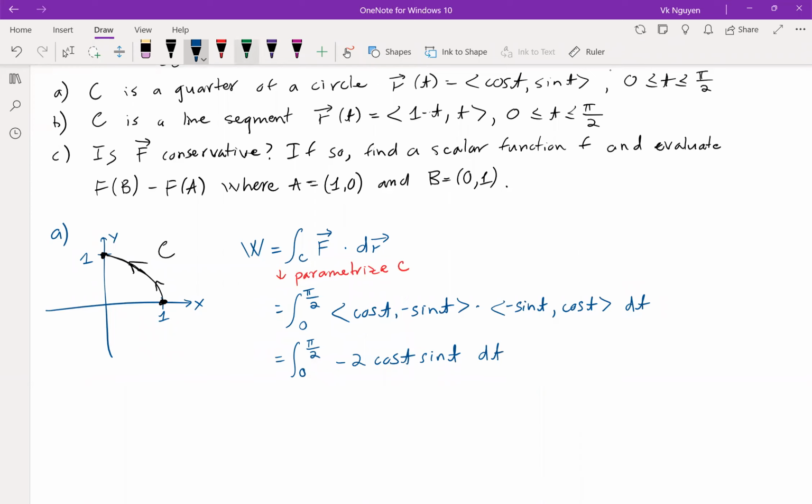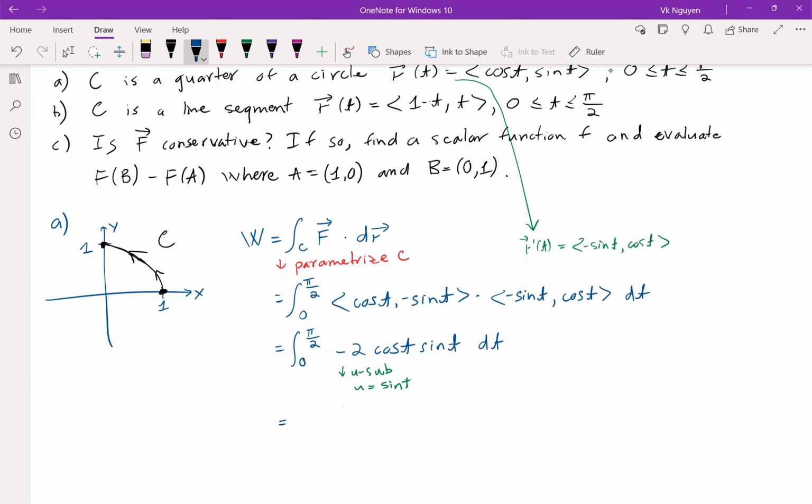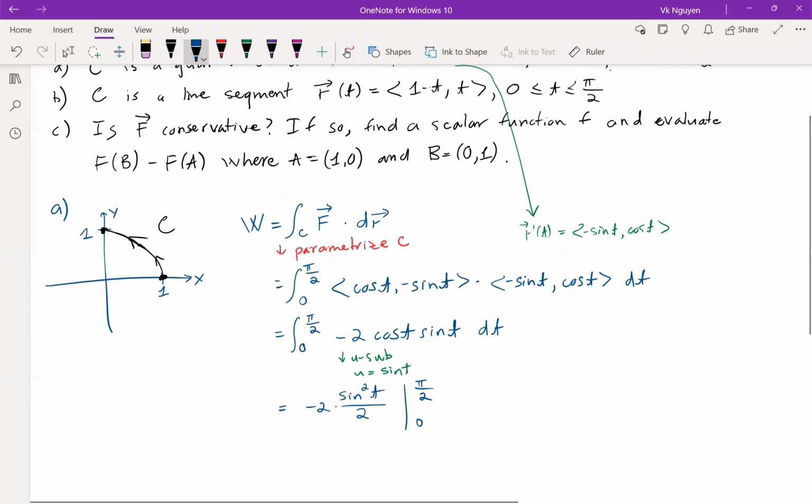Okay, I'm gonna do this using a u-sub here. Sine squared t over 2, and then multiply by the negative 2 here, from 0 to pi over 2.